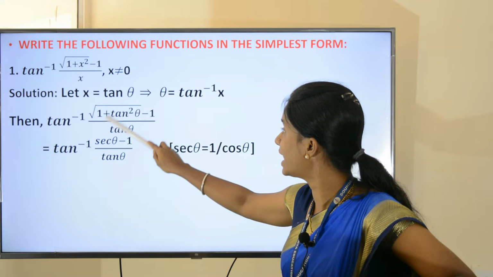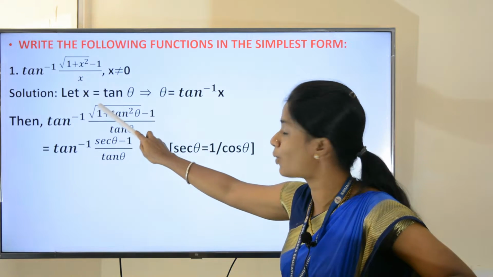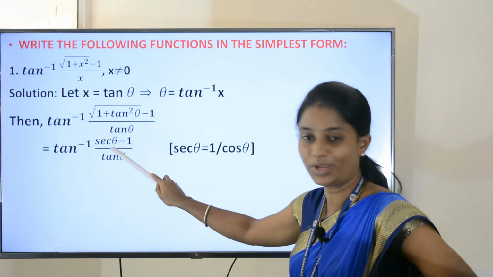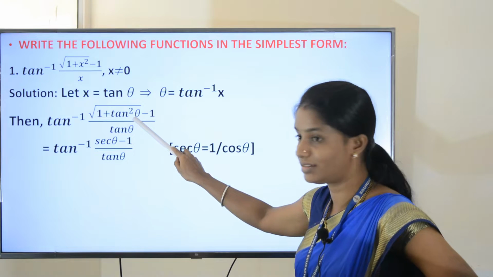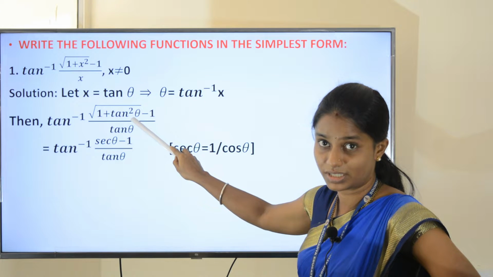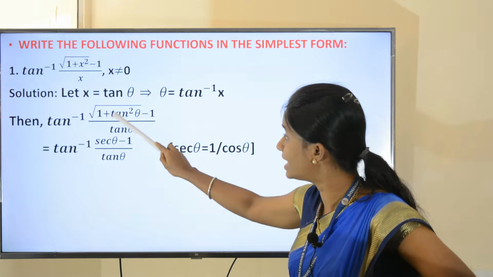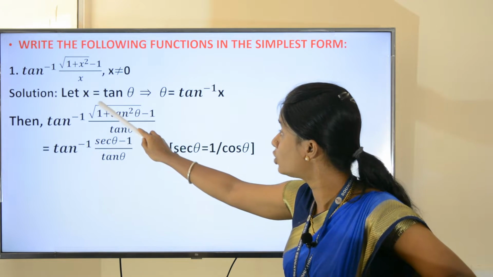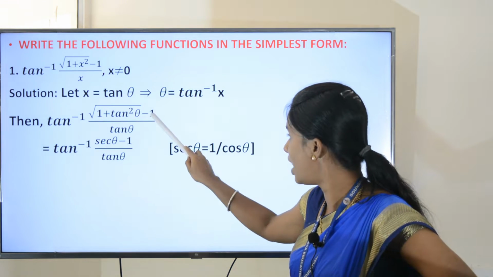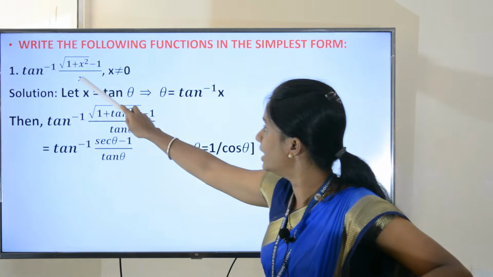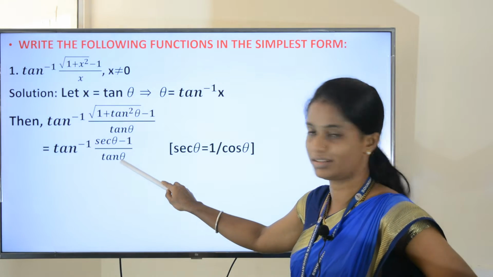Square root of secant square theta, square root will get cancelled. Remaining will be secant theta. Please observe here, 1 plus tan square theta, that is the trigonometric identity, can be replaced with secant square theta. Square root will get cancelled. Remaining is secant theta minus 1 divided by x. X can be replaced with tan theta.